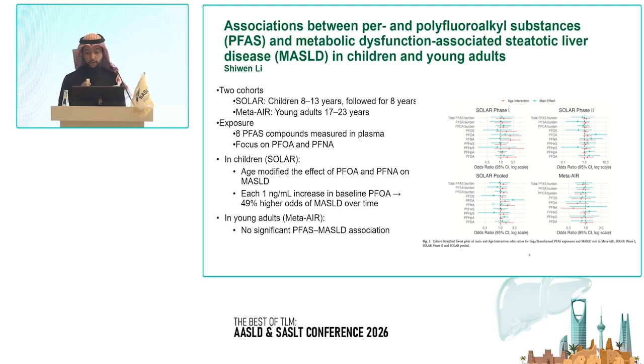You can see here in the SOLAR group, in the three figures, that exposure to PFAS increases the odds ratio of developing MASLD, and the age interaction was playing a major role. It means that the PFAS exposure came first and then the disease happened later on. So there is really a relation between PFAS or chemical exposure and the development of MASLD.